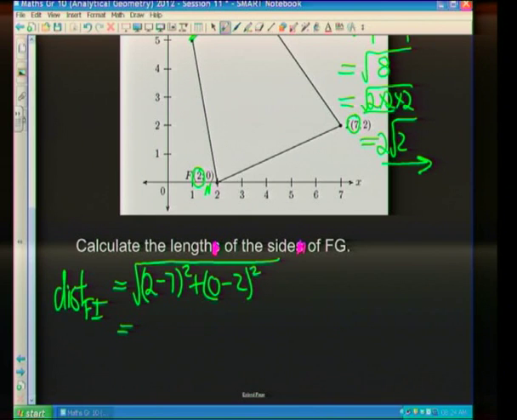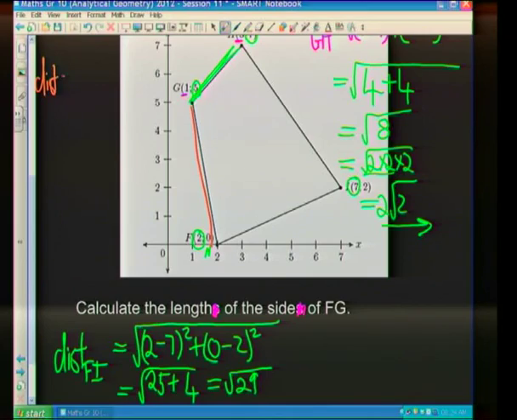Okay, so 2 minus 7 is negative 5. Negative 5 squared is 25. Here I have negative 2 squared, which is 4. And the length of that side is square root of 29. So far, no sides that are equal.